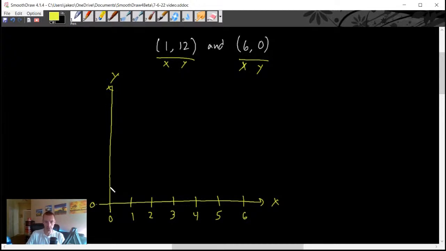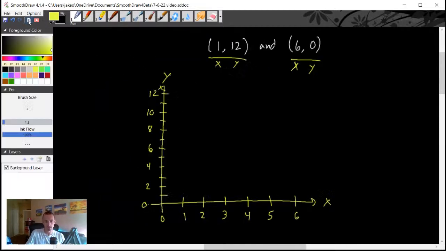So we'll say 1, 2, 3, 4, 5, 6, 7, 8, 9, 10, 11, 12. So this is 12. I'm not going to label every single one of these. I'll just label the even ones. But you can label all of them if you'd like.